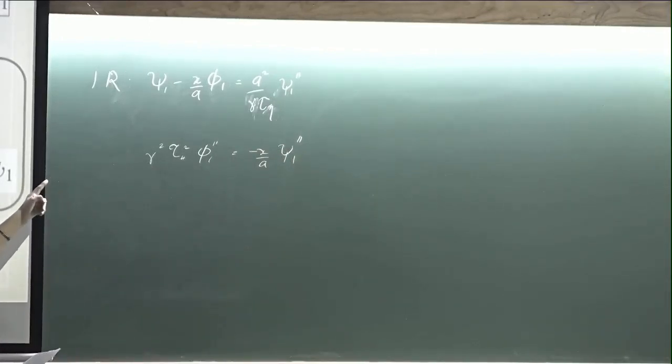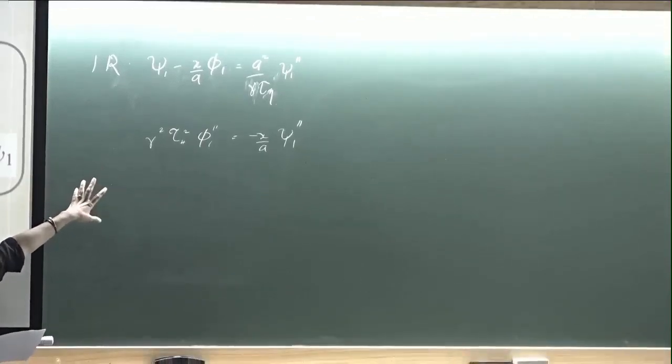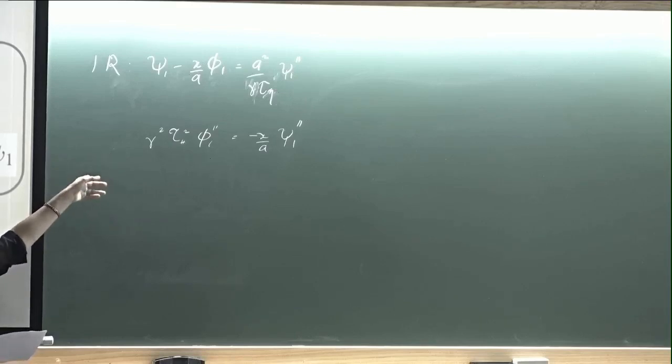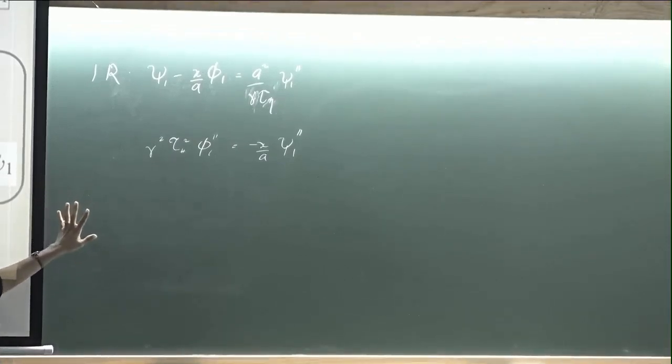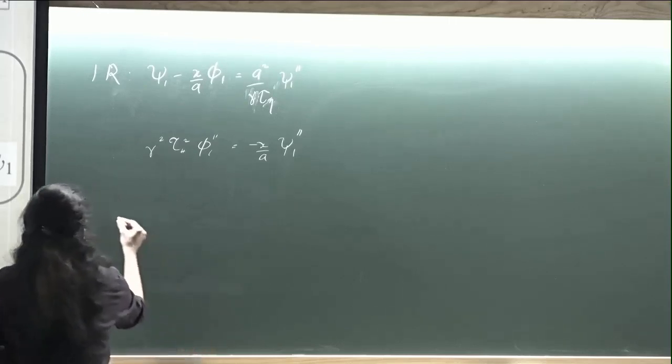Now if you look at that, you will see that if you want to solve this, it's basically going to result in a fourth order differential equation for psi, if I were to substitute phi into the other one. So it's going to be a long, tedious process. The simpler way is to solve by estimating terms, which is what I was trying to tell you the other day, that there is an easier way to do this calculation.